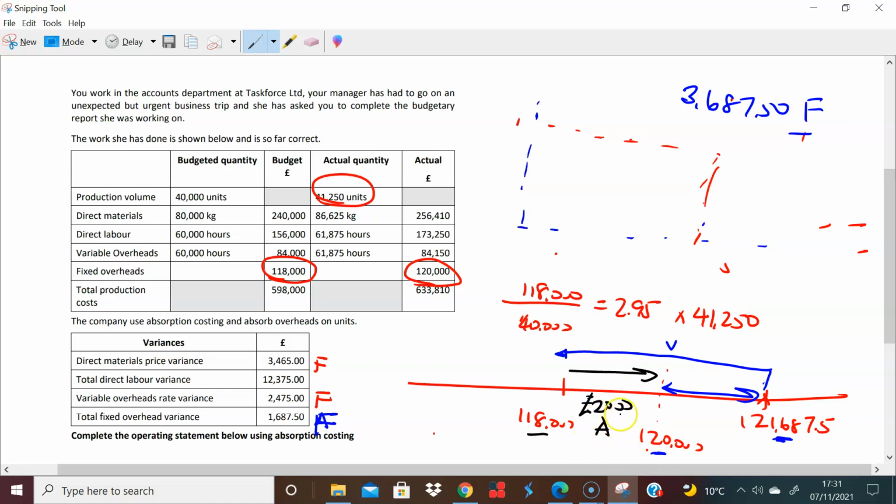So you have an adverse, and we call this variance the expenditure variance, don't we? The expenditure variance is the relationship literally between what the budget was and what actually happened. And so you have a 2,000 adverse variance when it comes to the expenditure. So that's the volume, and that's the expenditure. And together you have a 1,687.50 favorable variance.